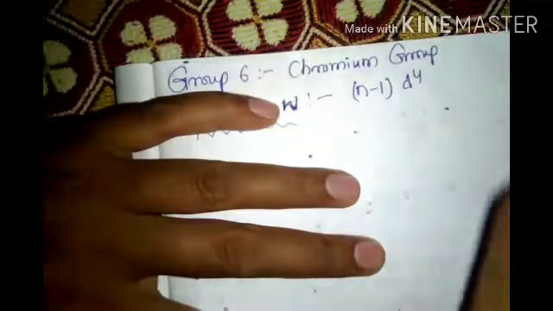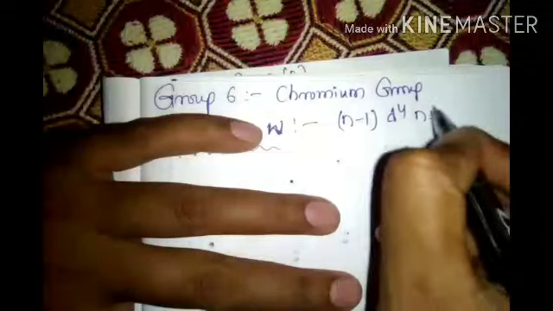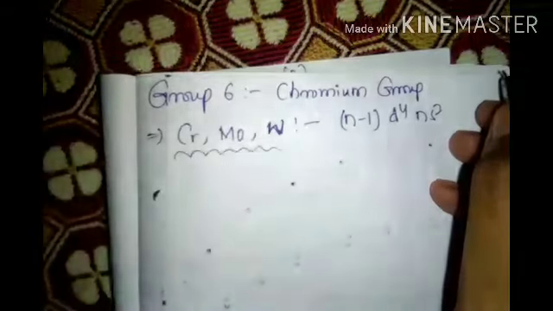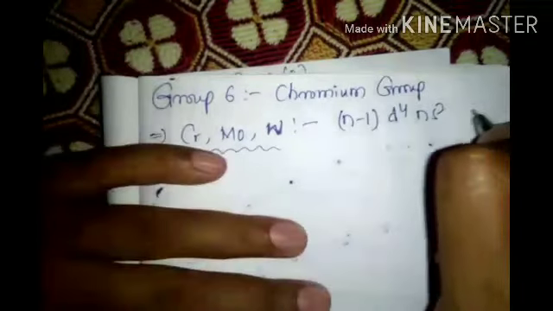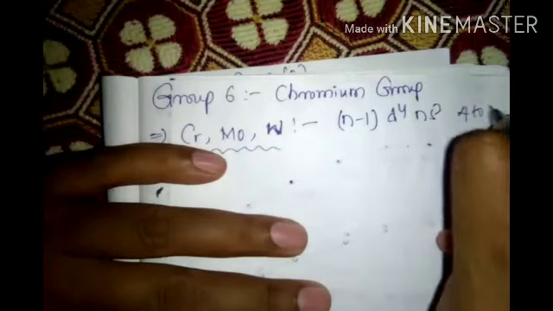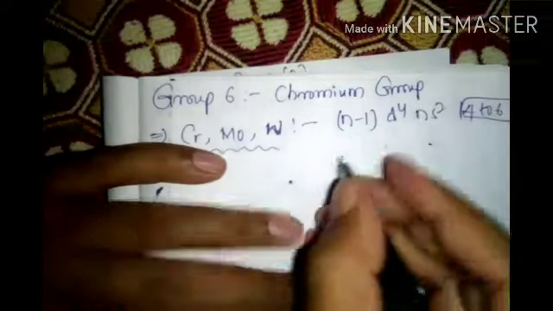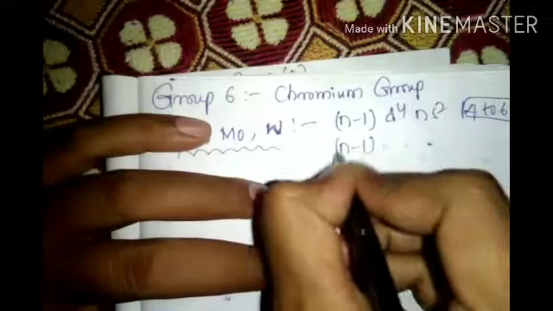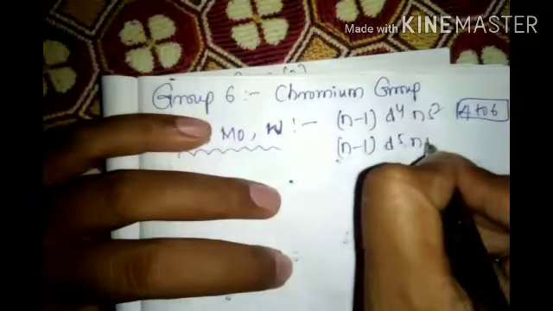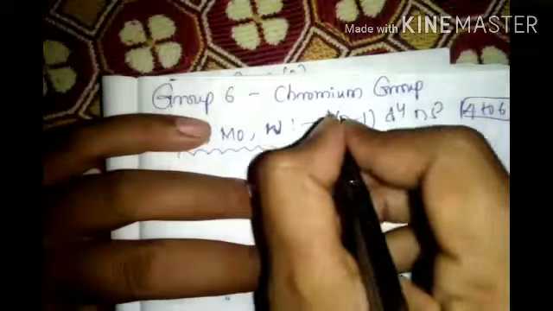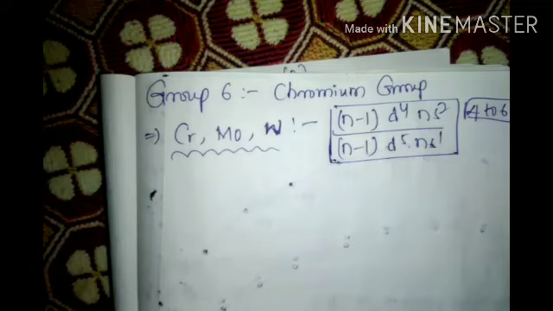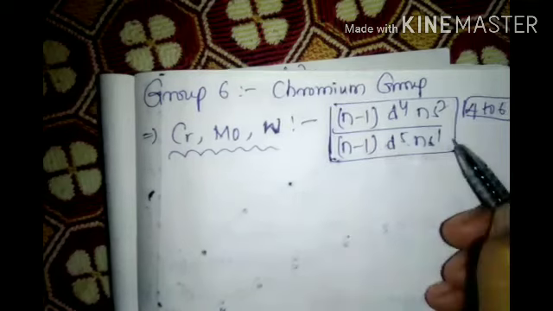The configuration is (n-1)d4 ns2, with n equal to 4 to 6, and sometimes (n-1)d5 ns1. Both configurations are possible for the chromium group, so take a star symbol on chromium, but in most cases it is the second one.